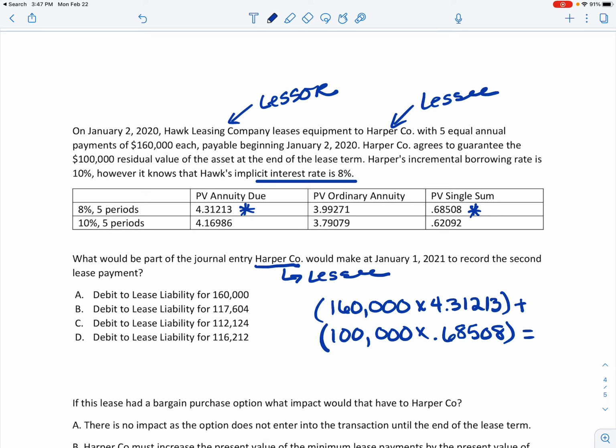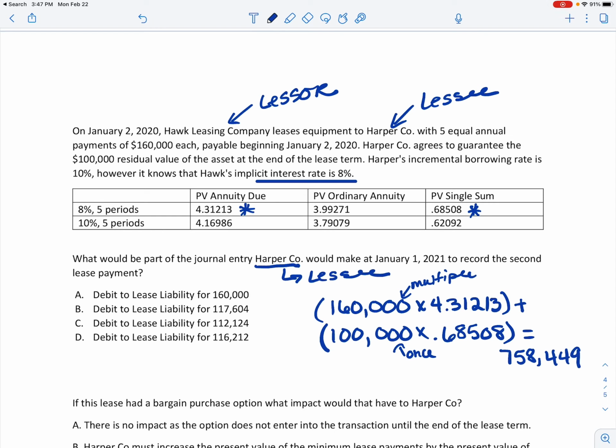The difference here is that looking at this payment, $160,000, we get multiple times. That $100,000 we get once. So for the multiple times, the factor should be greater than 1. If we're only getting that payment one time, our factor should be less than 1. If I do all that math, I can find my present value of $758,449.